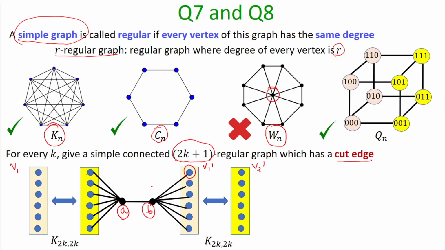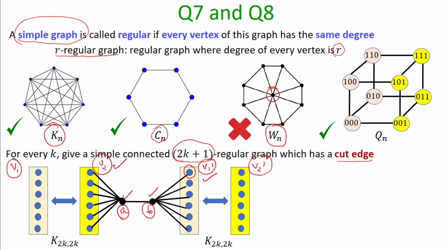But we also need to ensure that every vertex in V1 and every vertex in V2 prime also gets degree 2k plus 1. So till now we have ensured that the degree of A is 2k plus 1, the degree of B is 2k plus 1, every vertex in V2 has degree 2k plus 1, and every vertex in V1 prime has degree 2k plus 1.